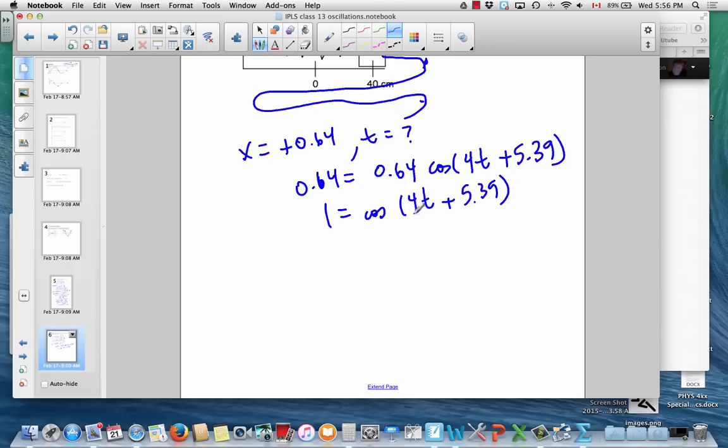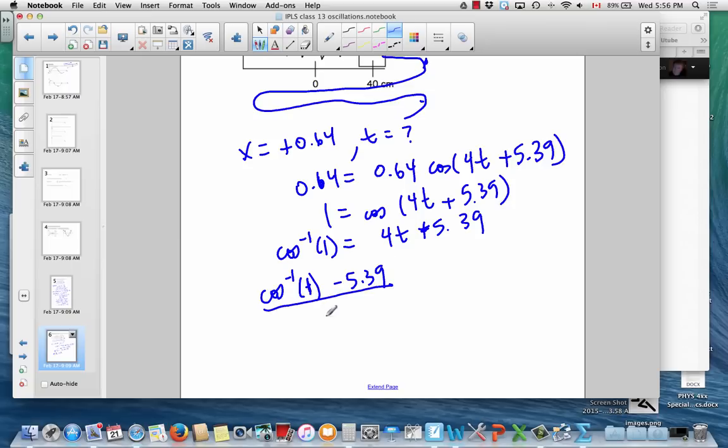At this stage we want to solve for t, so we're going to do the inverse cosine of both sides. Now the inverse cosine of 1 is an angle. We'll talk about that in a second. We can see, though, that to solve for t, we're going to take this angle, the inverse cosine of 1, we're going to subtract 5.39, and we're going to divide by 4. And this will be the value of t. Now, what is the inverse cosine of 1?